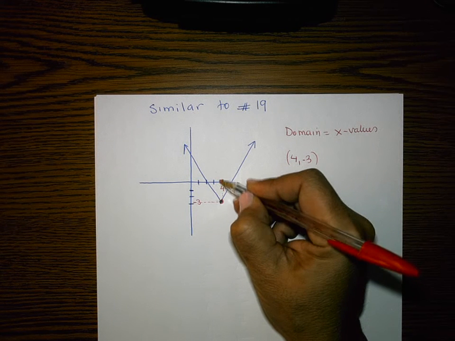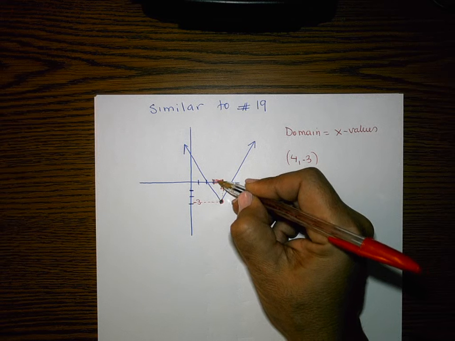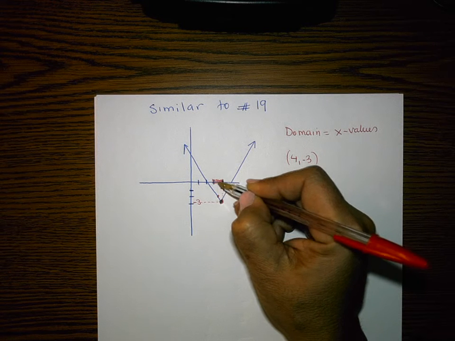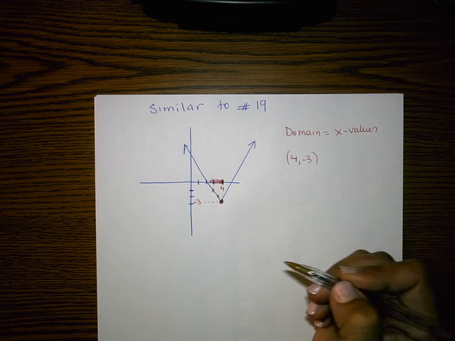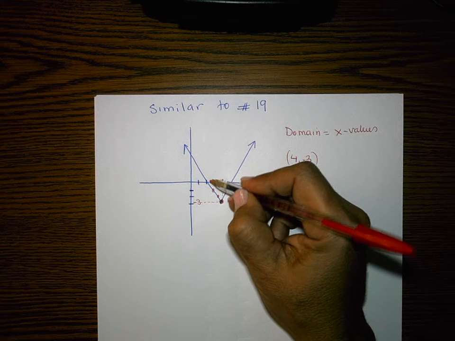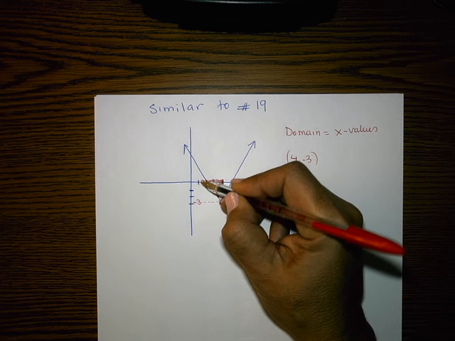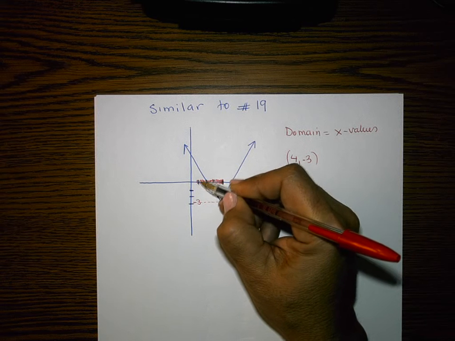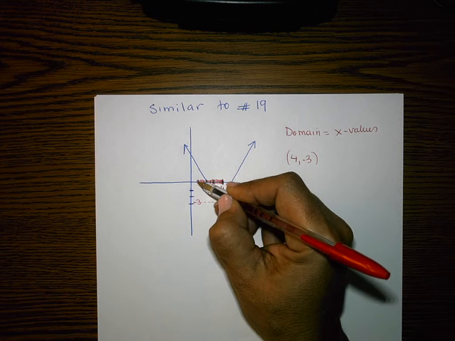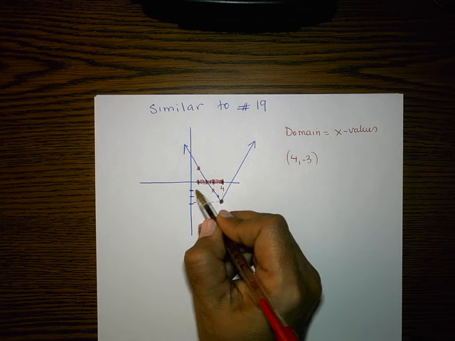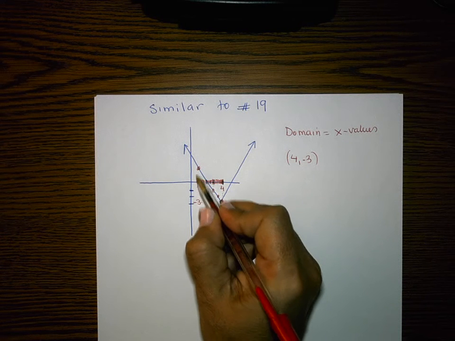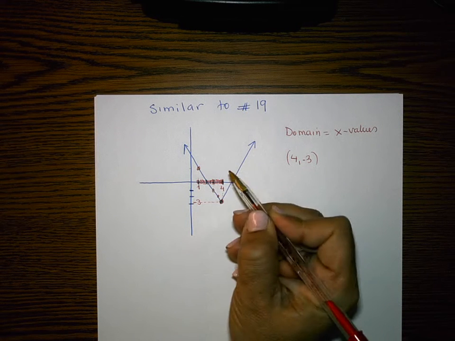And if I go to the left of 4, I know that if I follow it, I will find a point on the graph. If I go to the left of 4, keep going, I will find a point in my graph. All of these values to the left of number 4 are values that, if I trace up to the graph, touch the graph. So 1 comma something will be a point on my graph.